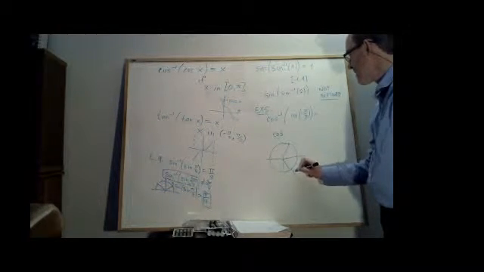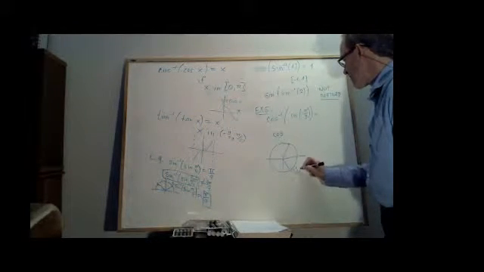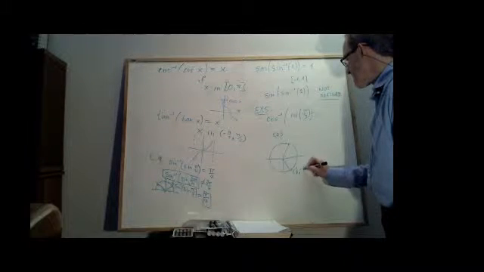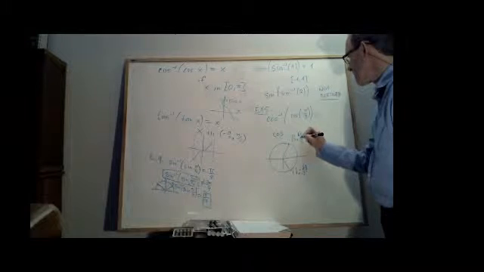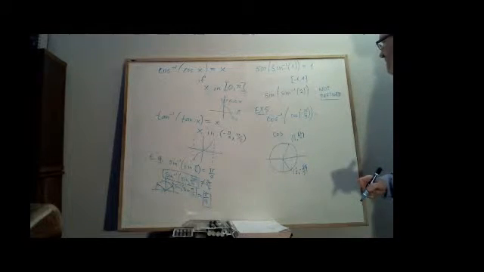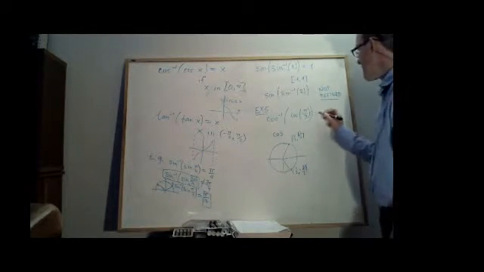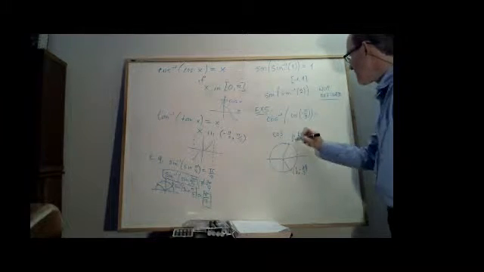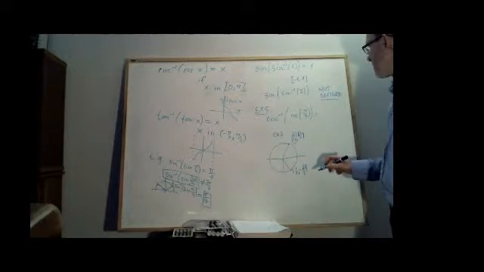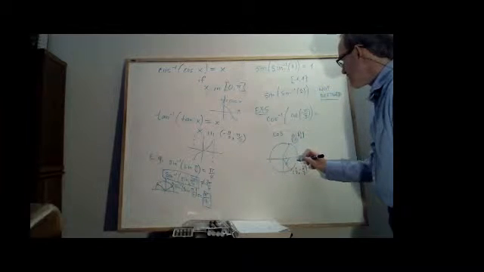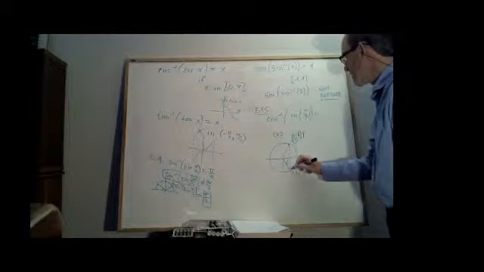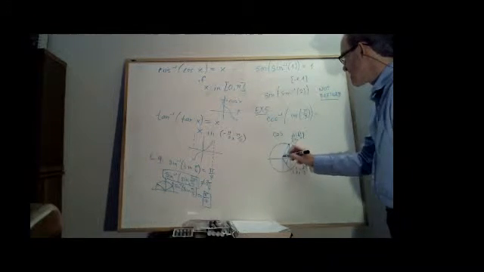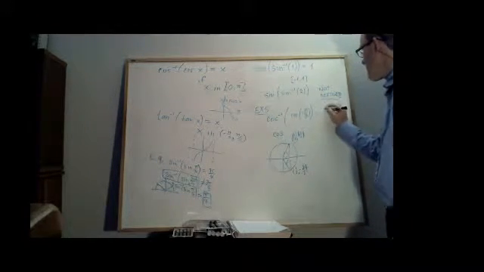This is 1/2, minus root 3 over 2, and this will get reflected to 1/2, plus root 3 over 2. So the cosine is 1/2. I can replace this, the cosine of the angle is 1/2, and then the inverse cosine will be just this value, which is plus pi over 3.